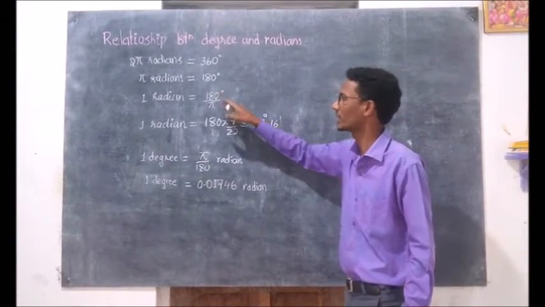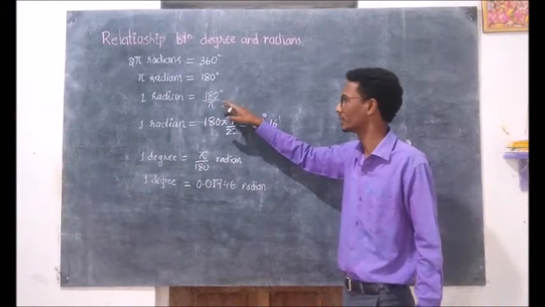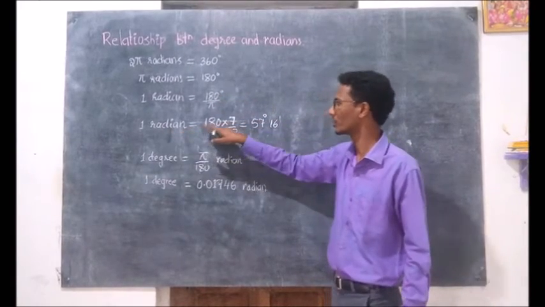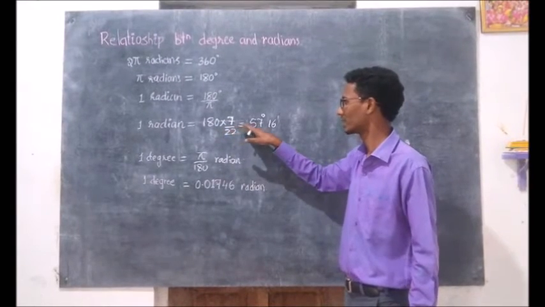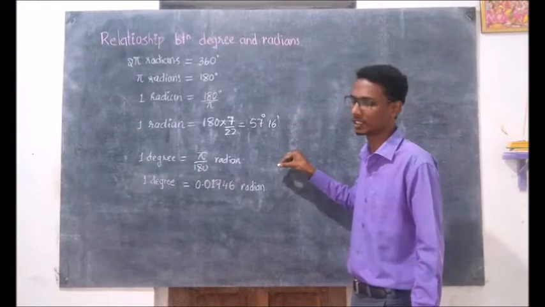So when we divide 180 by pi, pi means 22 by 7. So we get 1 radian equal to 180 into 7 by 22, that is equal to 57 degrees and 16 minutes.